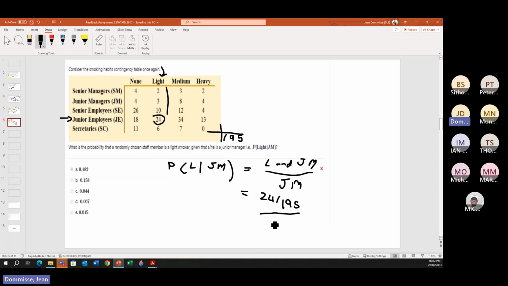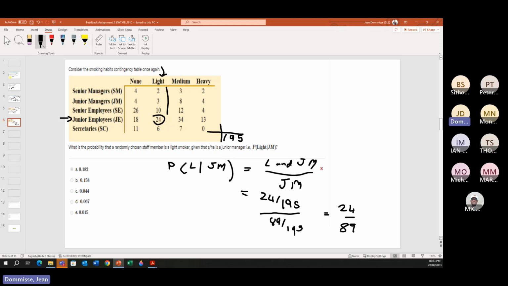If you didn't write it down, you probably now needed to work it out again, which is not cool because it's wasting time. So hopefully they also gave you some of those totals. The two 195s can cancel out, so your probability will be 24 divided by 89.